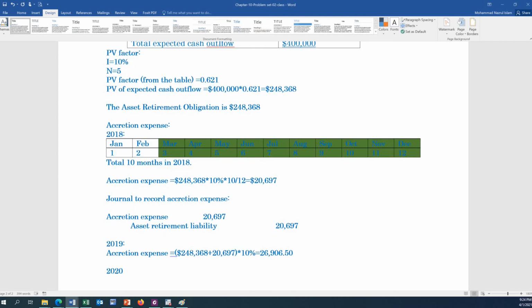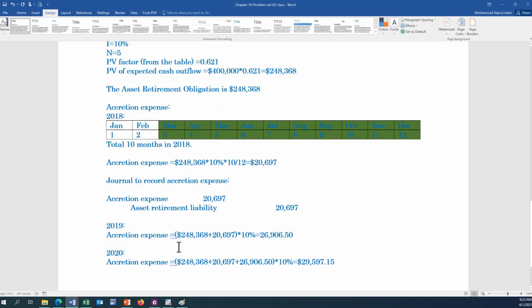For 2020 the accretion expense is going to be 248,368 plus 20,697 plus 26,906.5, multiplied by 10%, which comes to 29,597.15. So this is how you solve the problem.